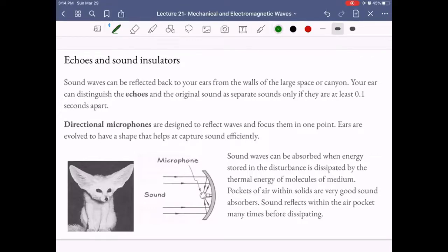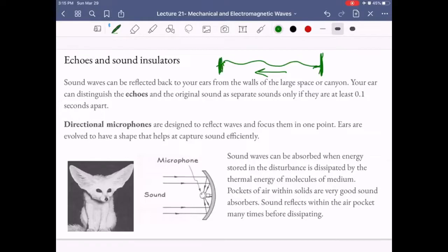Let's now talk about sound insulators and echoes. We talked about echoes before, but let me mention just one more thing. When a sound wave, or another type of wave, is reflected from a surface, some of it could be absorbed as well, but some of it is reflected back to my ear.